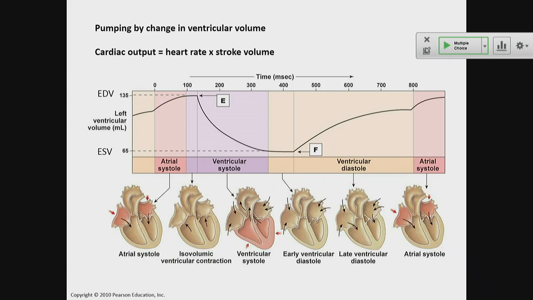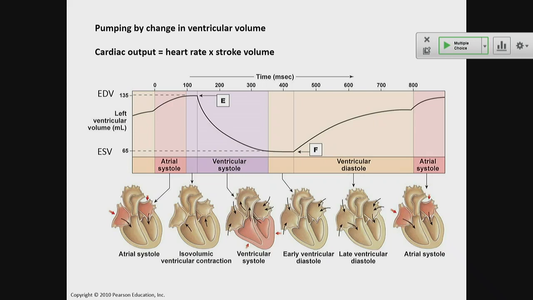There are two phases of the cardiac cycle when it pumps. There's a phase when it contracts, and then there's a phase when the muscle relaxes, okay? We call the phase where the muscle contracts the systole, and the phase where the muscle relaxes the diastole.